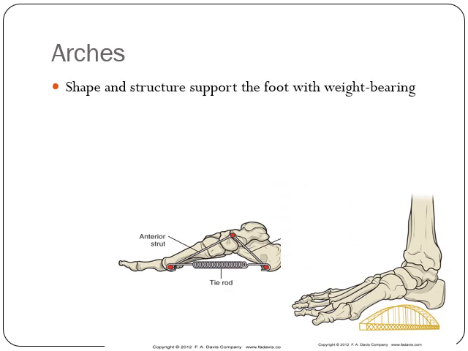So when we look at the arches, the shape and structure, again, they give shape and structure to the foot with weight bearing. What they actually act like is a curved beam design. If you look down here, they're showing structurally what that curved beam design looks like. And what that does is it allows the foot to accept larger forces.